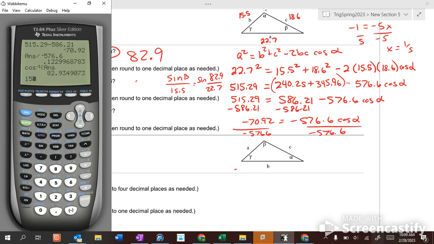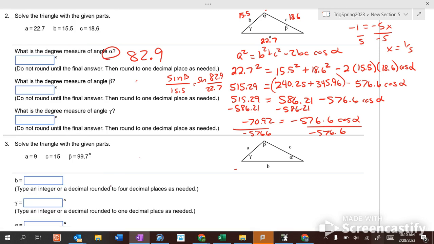It's what you were doing the last couple class periods. 15.5 times the sine of 82.9 divided by 22.7, inverse sine of the answer, 42.7.